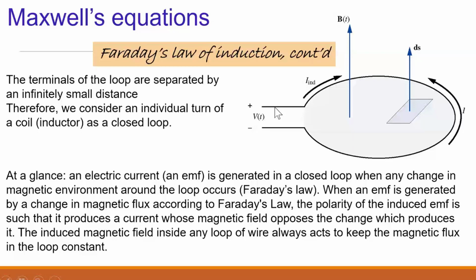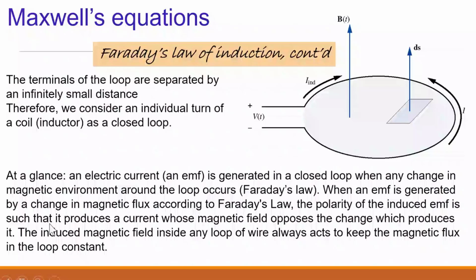Let B be the magnetic flux density and ds the area of the loop. The electric current is generated in a closed loop, as a potential is generated, similar to the transformer principle, when any change in the magnetic environment around the loop occurs.